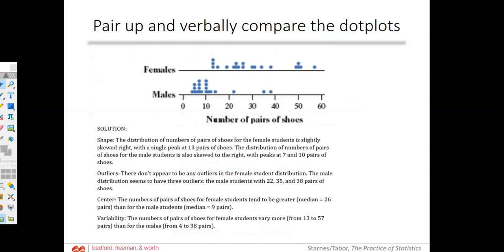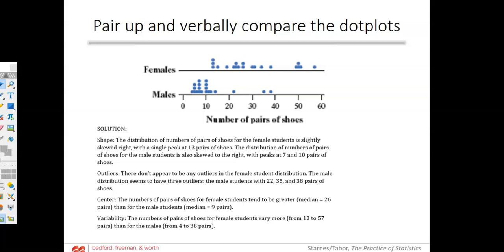And so after you talk about it, hopefully you said that the shape of the female shoe data is a single peak at around 13 there, and it definitely seems skewed to the right. Whereas the males have kind of a middle right around 9-ish, 9 to 10 there, and it looks like it is also skewed to the right. So a similar shape in that sense. Although, for outliers, maybe an outlier there at 58 for the female shoe data.